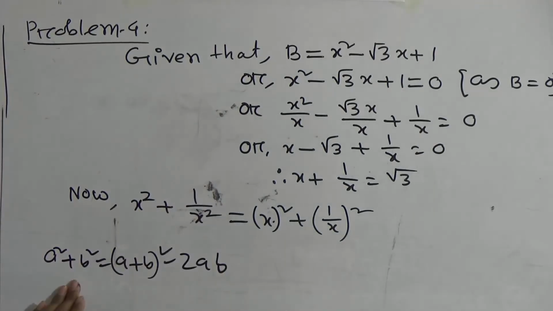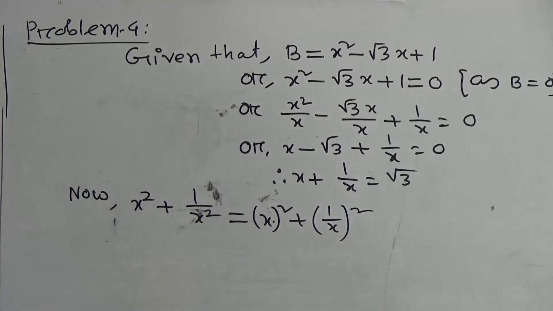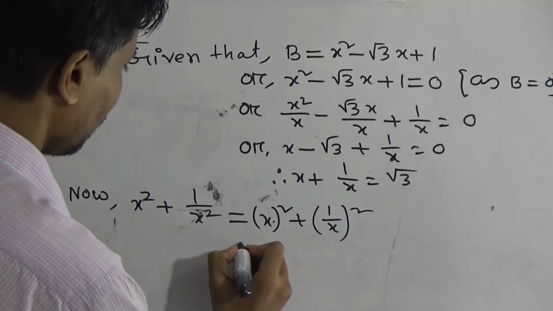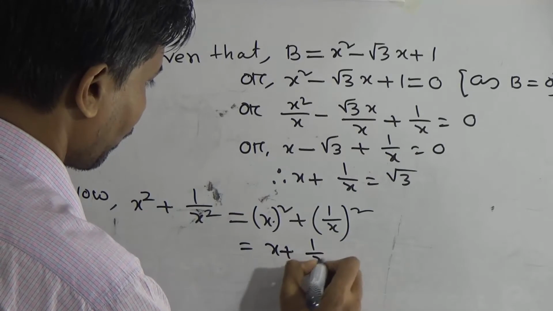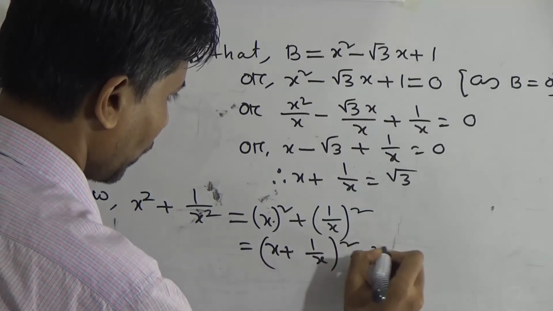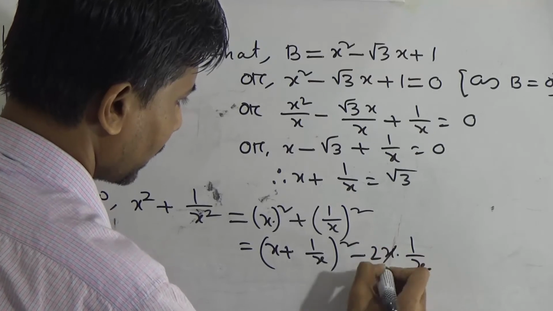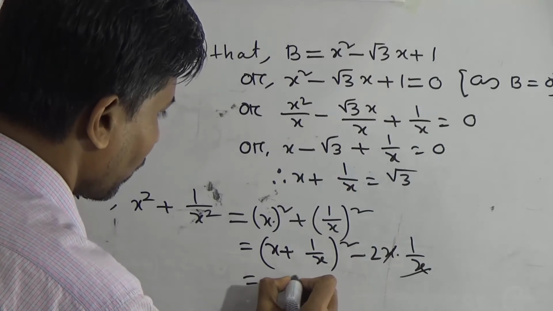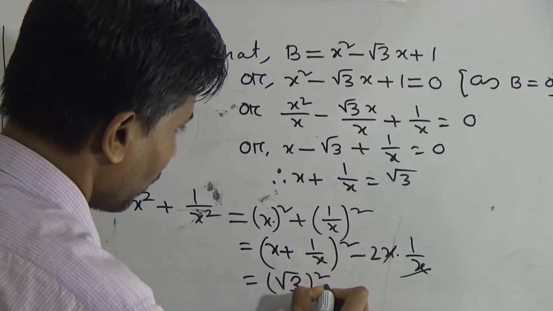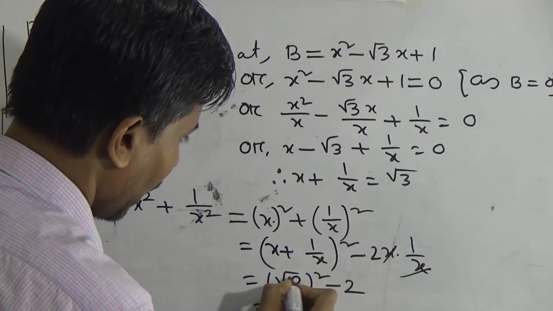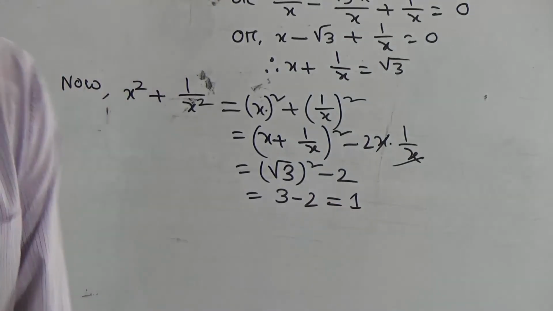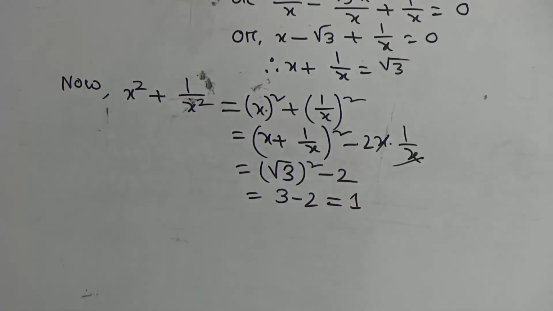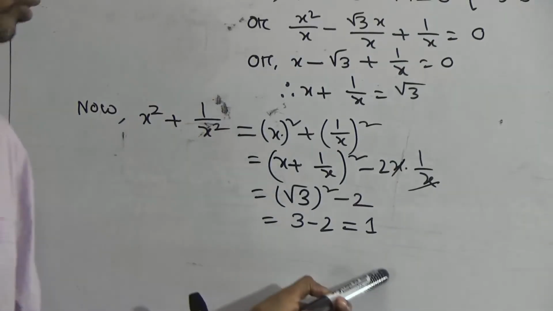So you have to use the formula now. x plus 1 by x whole square minus twice x into 1 by x. x vanishes. Then x plus 1 by x equal to what? Root 3. Minus 2. Square and root vanish, then we get 3 minus 2. This is equal to what? 1. Okay students. Therefore we have got x square plus 1 by x square equal to 1.